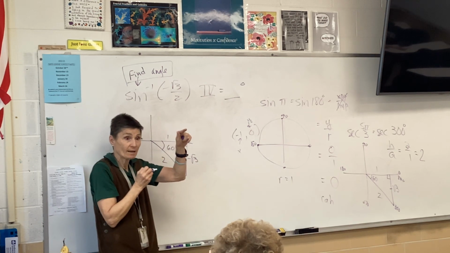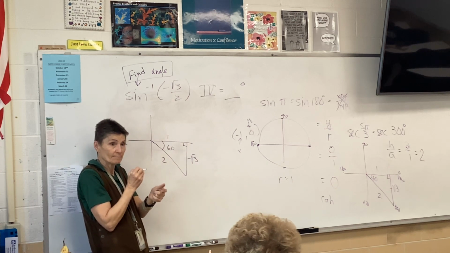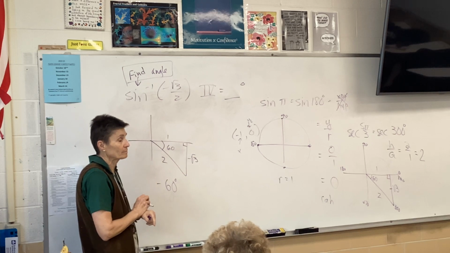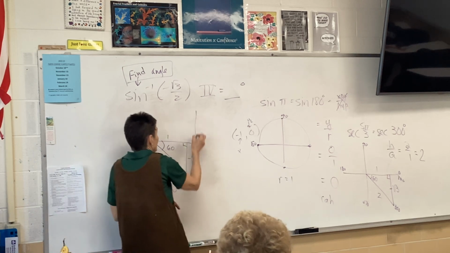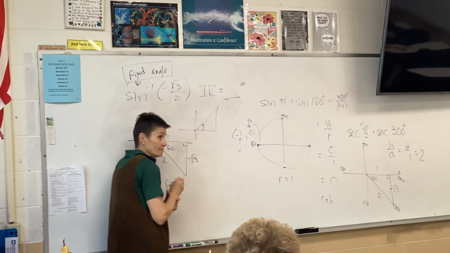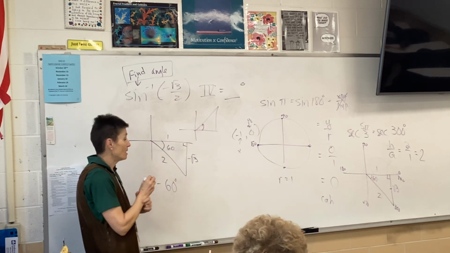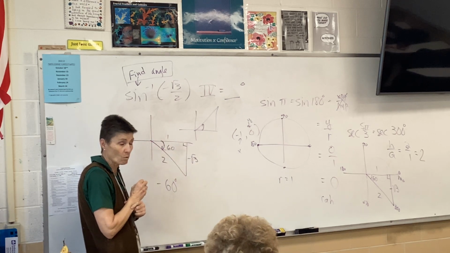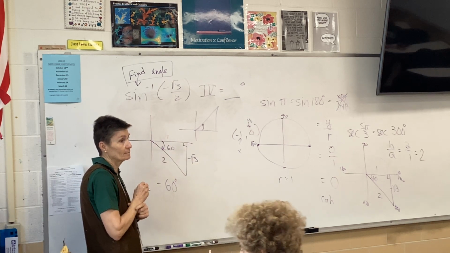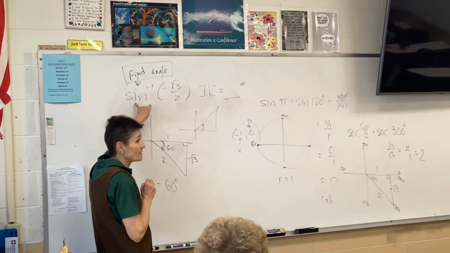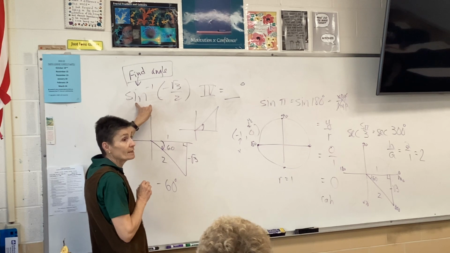But since it's down 60, the answer is going to be negative 60 degrees. If that had been quadrant 1, that would be 60. But since I came down to be in quadrant 4, it's negative 60. You must remember that notation means find an angle.